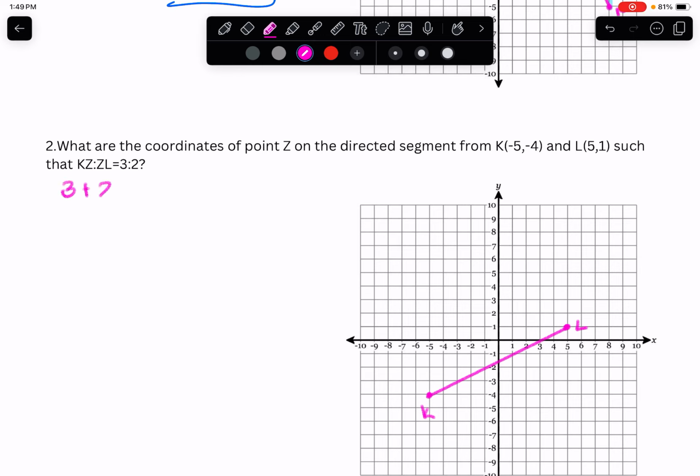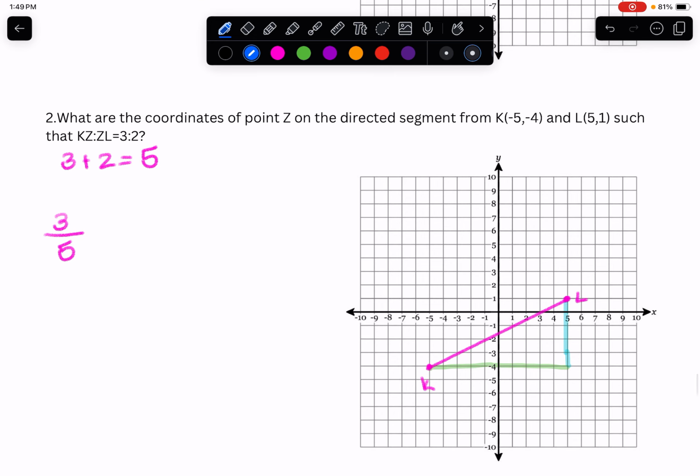So again, there is a total of 5 pieces that we're breaking this into, and I want 3/5 of my original distances. So if I highlight my rise and my run, my rise is going to be 5, and my run is going to be 10. And now we do the same thing.